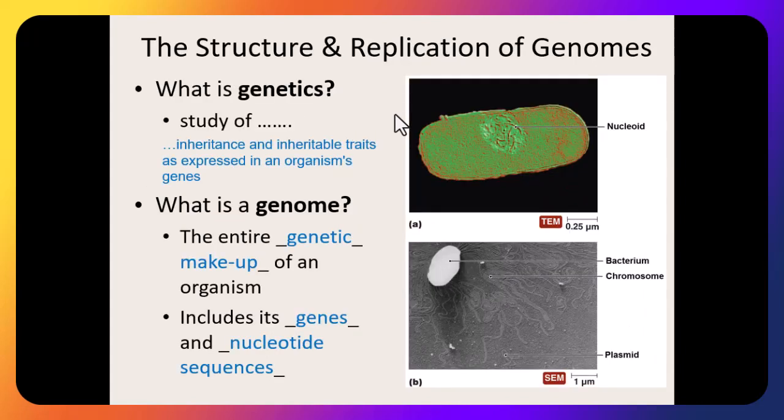So some basics on just what it is. What is genetics? It's the study of inheritance: inheritance and heritable traits that are passed on, all based on an organism's genes. So if you have a gene that expresses your hair color or your eye color, that's a gene that can then get passed on. That's what genetics is.